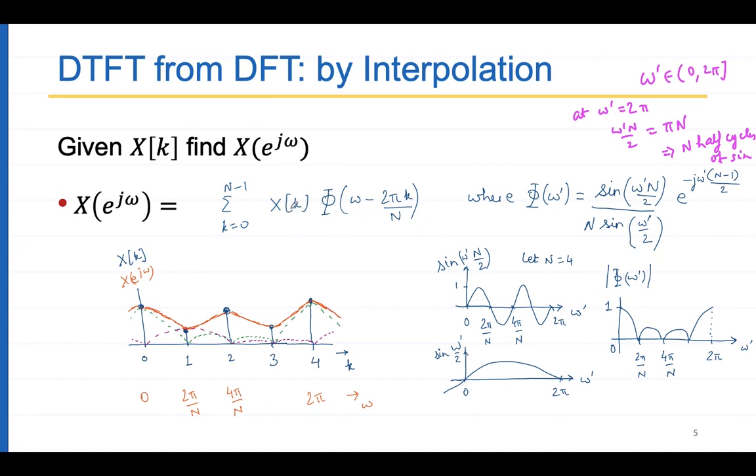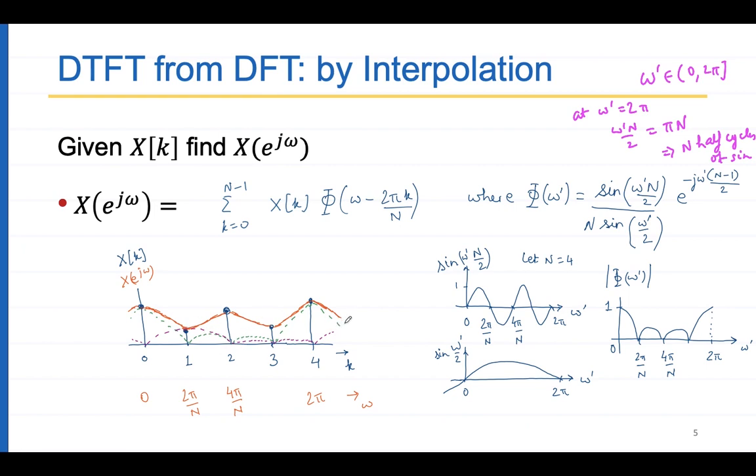Now when k is 1, this is 2π upon N. So this whole thing is shifted by 2π by N. So that's why we shift it, and here the magnitude would have been 1 for Φ multiplied by x[k], so x of 1. So this part is exactly equal to x of 1, right? And subsequently it is just this thing repeated.